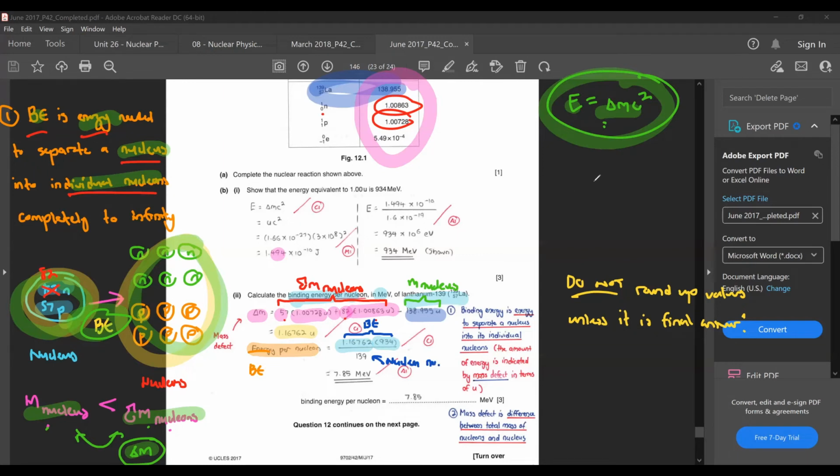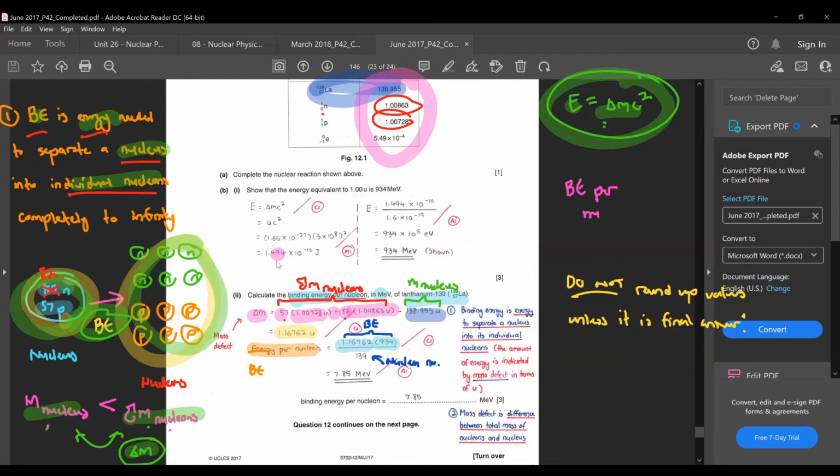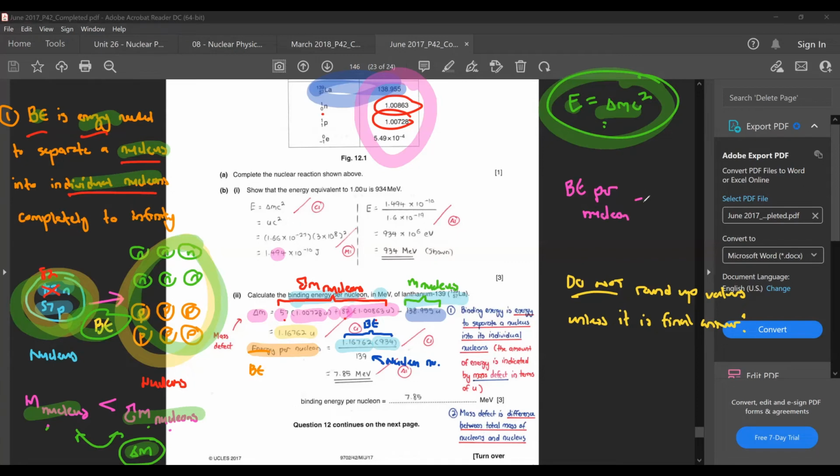In general, when you want to find binding energy per nucleon, you take the binding energy divided by your nucleon number. That's why at the top, I'm finding the binding energy first before dividing by your nucleon number.